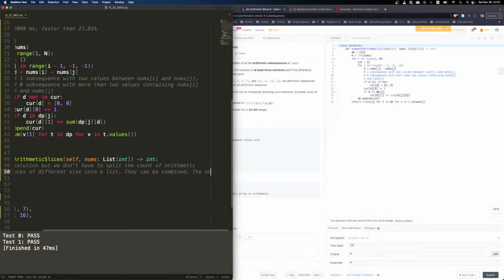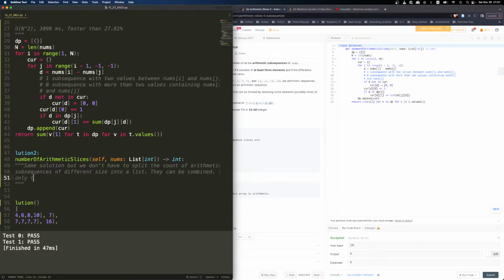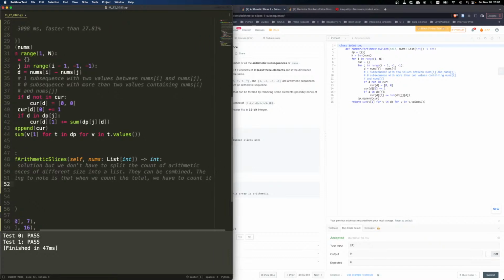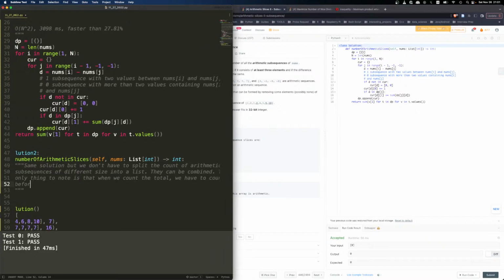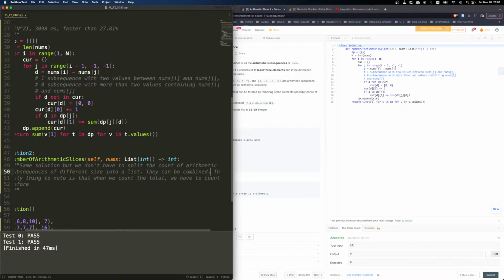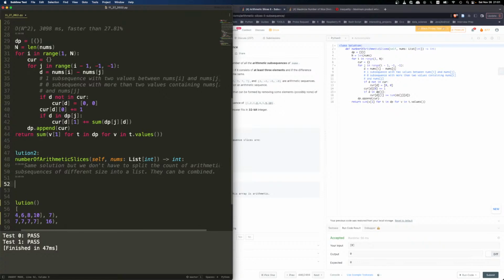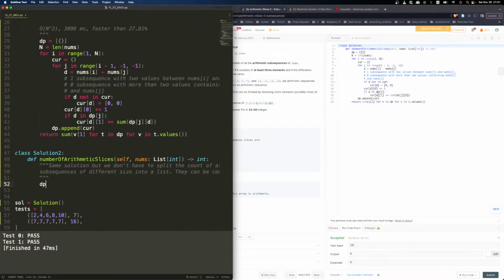The only thing to note is that when we count the total, we have to count it before. Actually, it doesn't really matter. They can be combined. That's all we need to know.